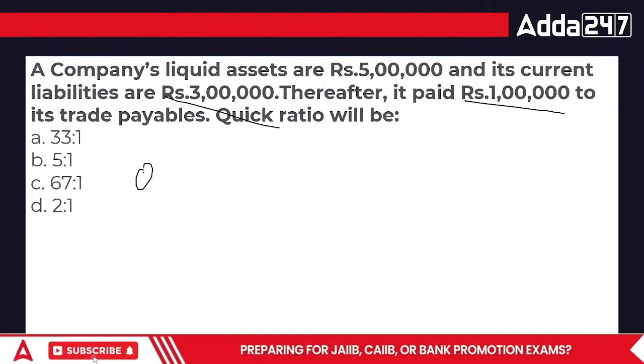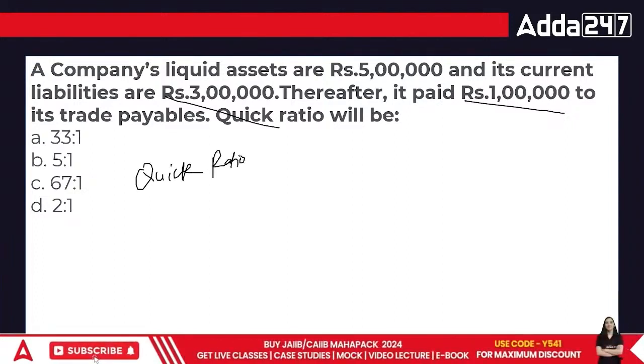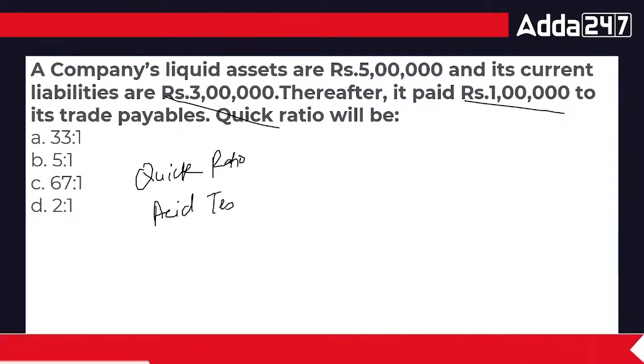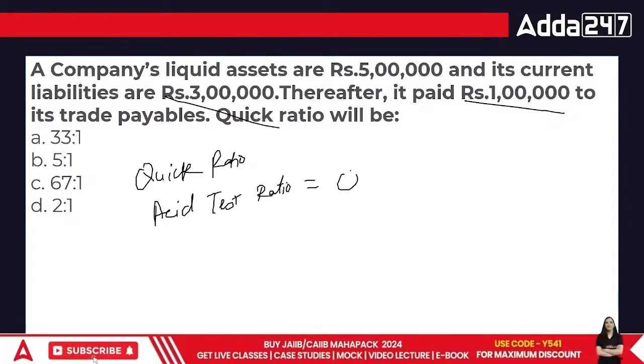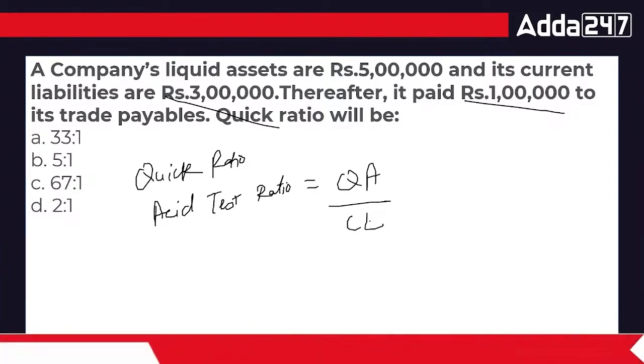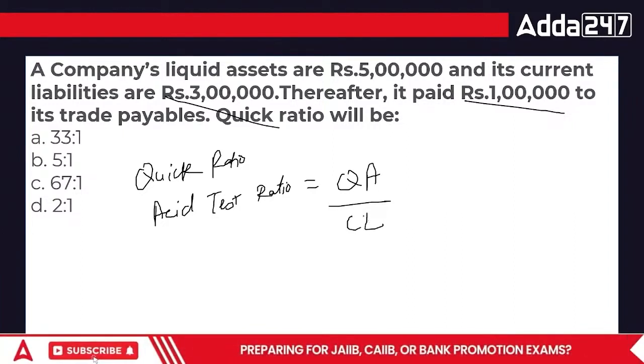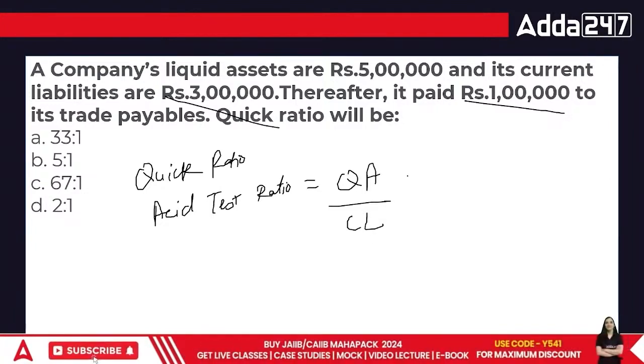Quick ratio is also known as acid test ratio. When we talk about quick ratio or acid test ratio, this is quick assets upon current liabilities. Quick assets are those assets which can be converted into liquidity within no time.